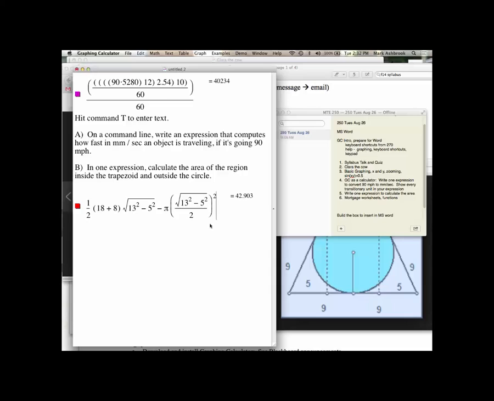Questions? You're not typing formulas in. You're typing numerical expressions on page 1. Anything bigger than 2, just do a couple on the table.